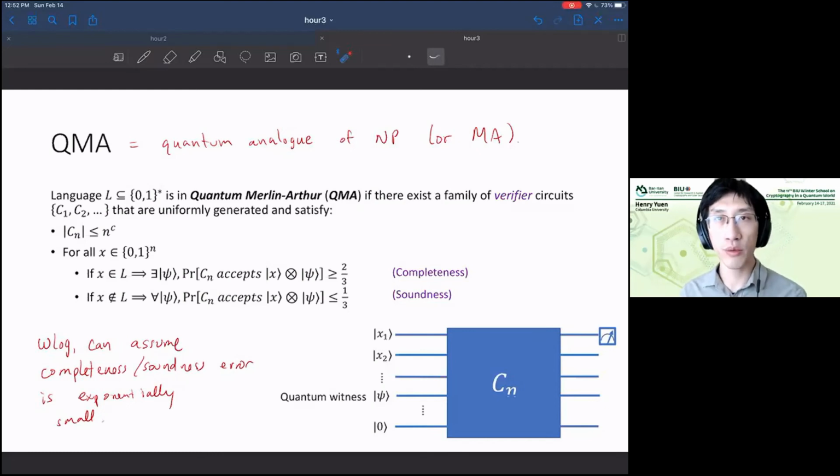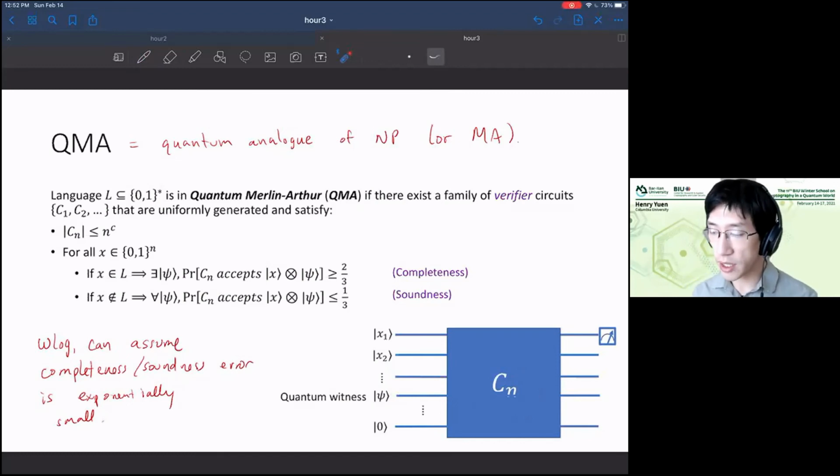Then if you tried to run a second instance of the verifier circuit C_n, you wouldn't plug in the same exact proof state psi. This is unlike the NP case, where you can make as many copies of the proof as you want. So things get a little tricky here.